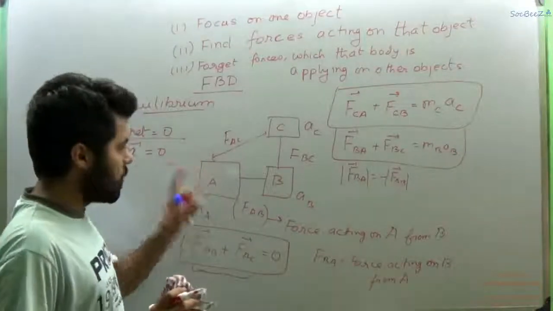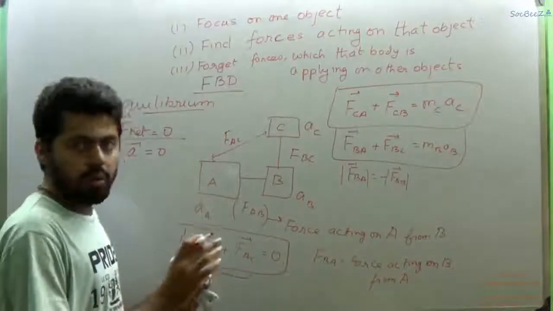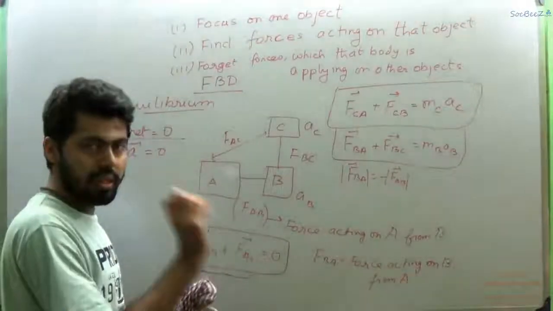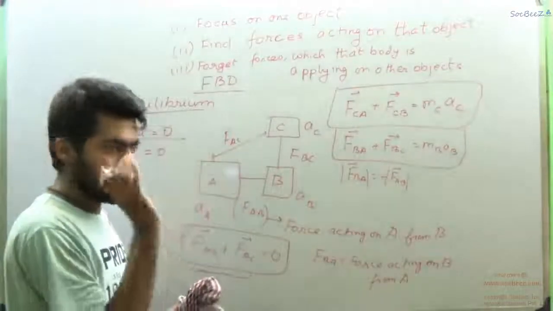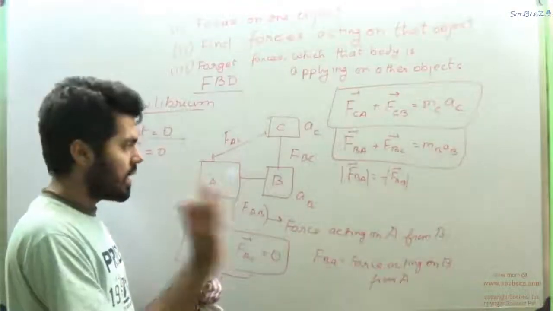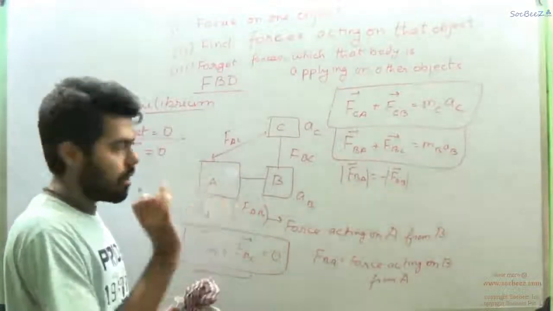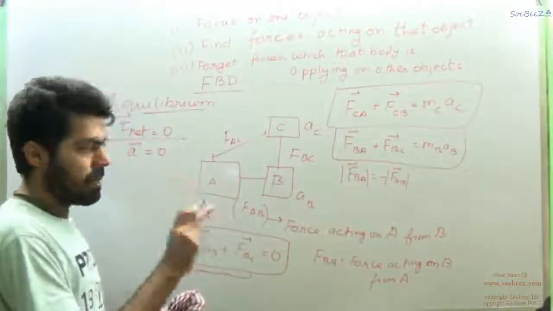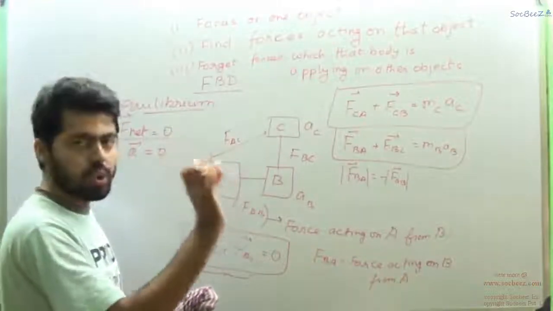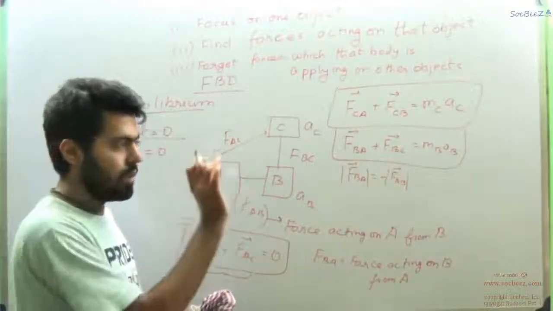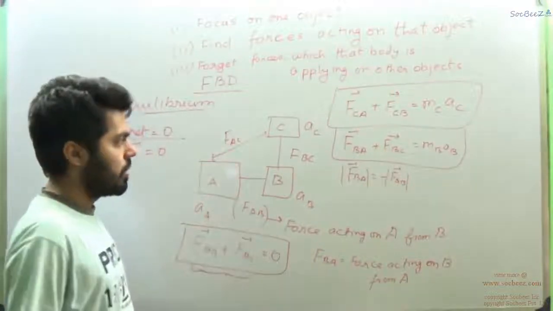First focus on one of the objects. Just try to find out how many forces are acting on that object. At that moment, forget all other things. Just see how many forces are being applied on that particular object. Then apply Newton's second law, F net is equal to mass into acceleration, and that will be your one equation.